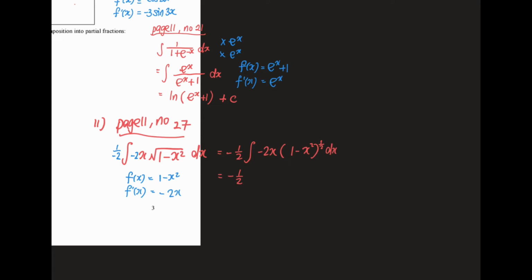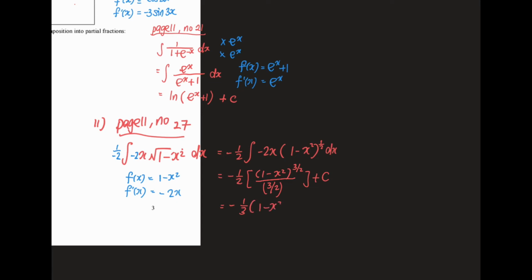So we have 1 minus x squared to the power half, plus 1 becomes 3 over 2, and then divide by 3 over 2, plus c. By simplifying this, the 3 over 2 at the bottom becomes 2 over 3. 2 over 3 multiplied with negative 1 over 2, you get negative 1 over 3.